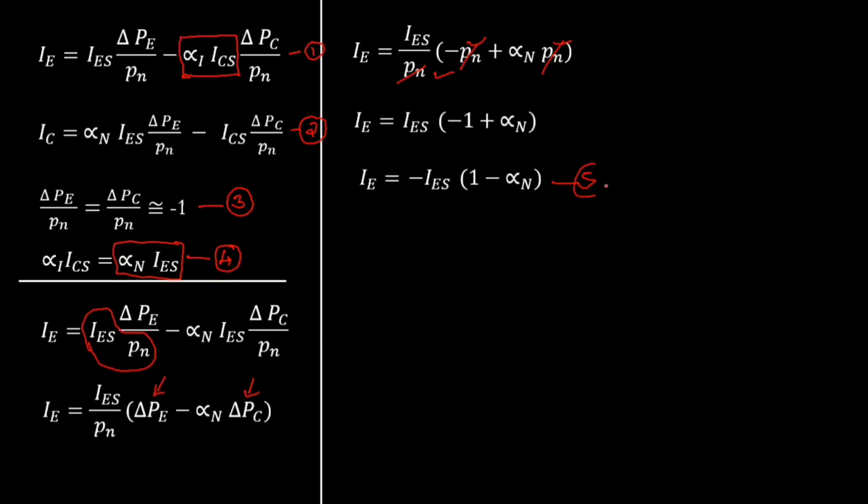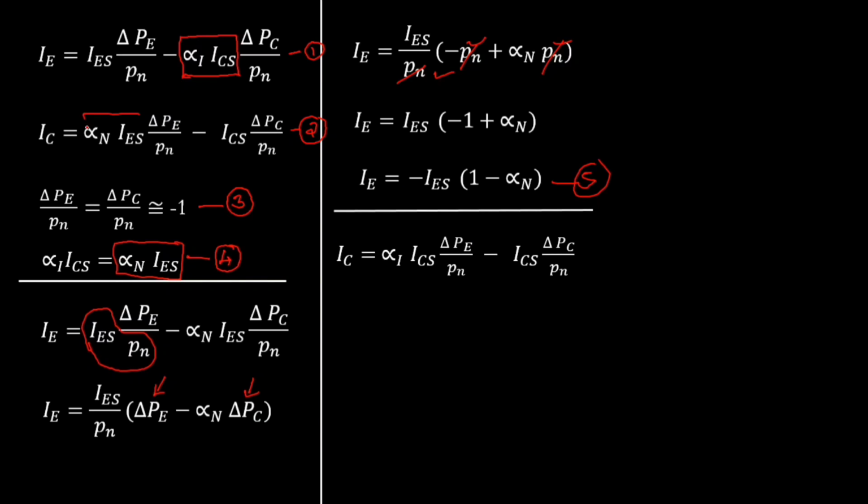And take the next equation. I am going to take equation number 2 and replace alpha N I_ES with alpha I I_CS. So I get this expression: I_C is equal to alpha I I_CS into delta P_E by P_n minus I_CS into delta P_C by P_n. We repeat the same procedure we followed before.